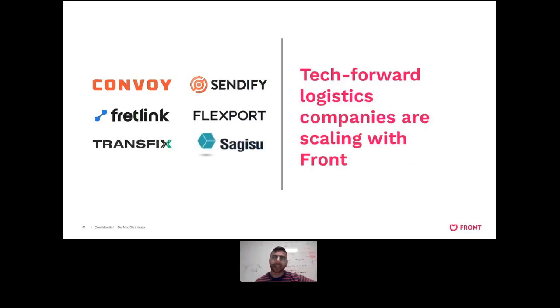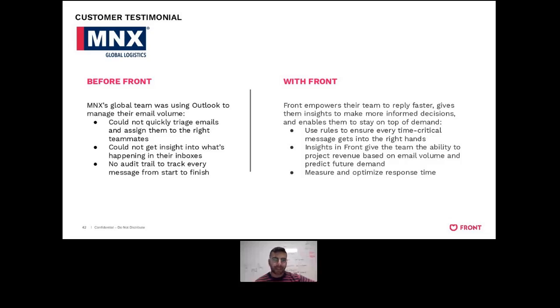And then here are some of the tech-forward logistics and supply chain companies that are scaling their operations with Front. So as I mentioned, Convoy, there's Sendify, FretLink, Flexport, Transfix, Sagasu, just countless other ones that every day are finding our tool very valuable for some of the reasons that I mentioned.